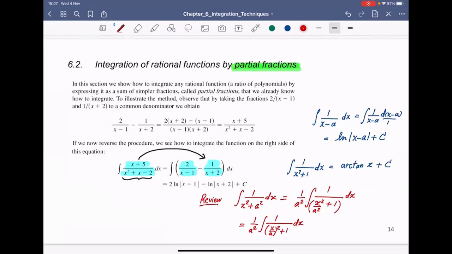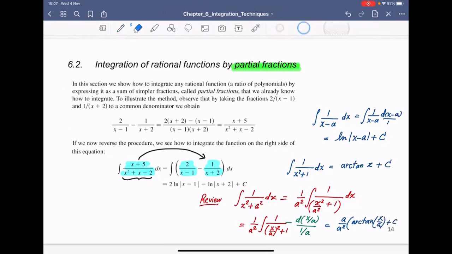So you can change the x to x over a, which gives you 1 over a as a u substitution. So at the end, you're going to get a over a squared times arctan (x over a) plus c.